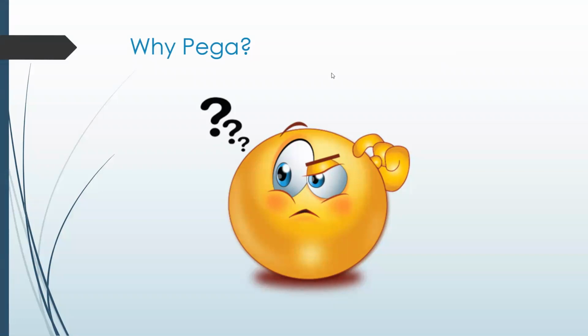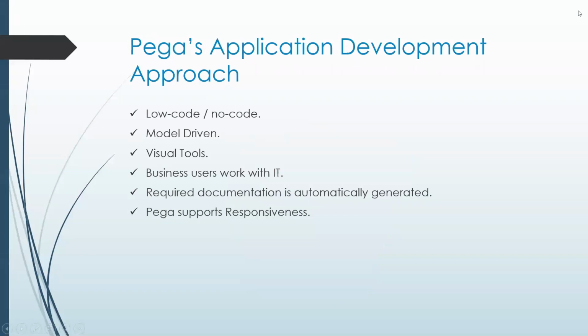Okay. So let us see. The first one, the obvious one, would be your low code or no code approach. I don't say Pega is a complete no code. But yes, it is minimal. Let me put it this way. Pega comes with a lot of inbuilt features, right?